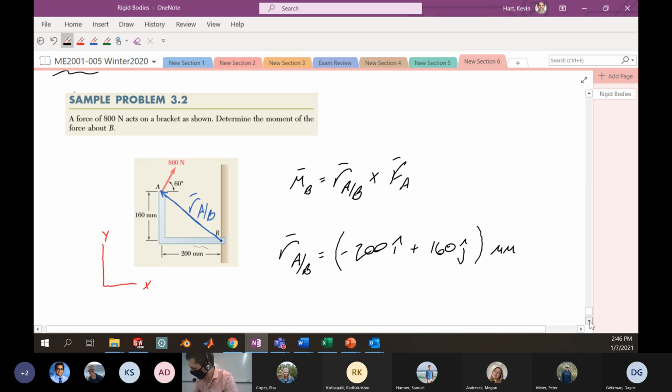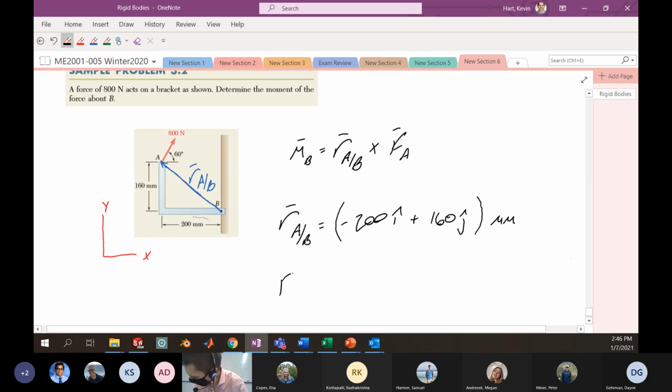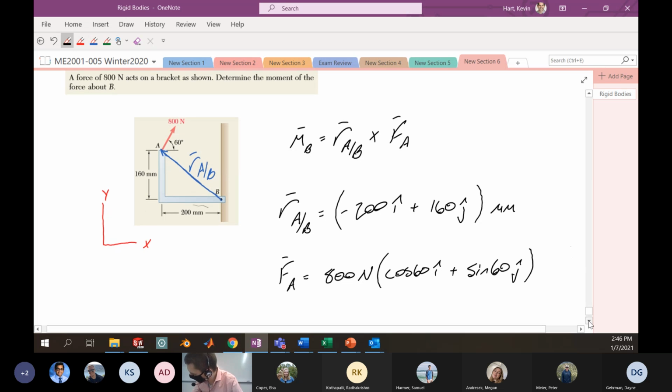All right, continuing. My force at A. Here I'm given this magnitude, which is 800 newtons, and I can resolve it into x and y through the cosine and the sine of 60 degrees. So here I have 800 newtons times cosine 60 I hat plus sine 60 J hat.